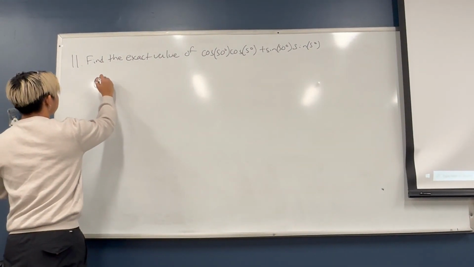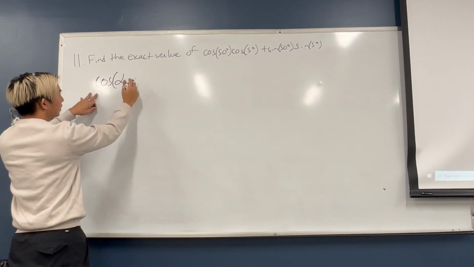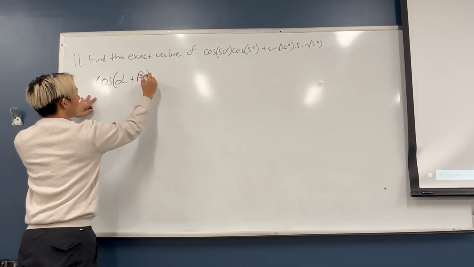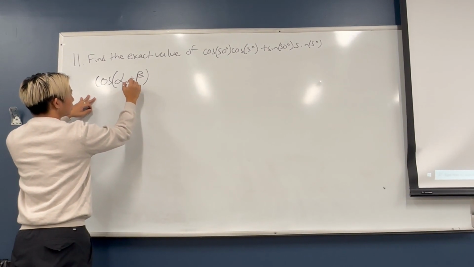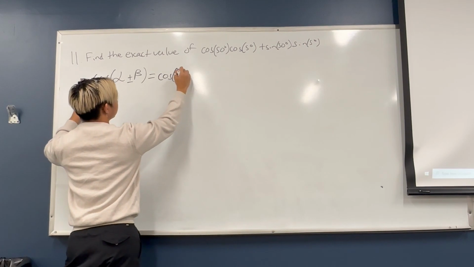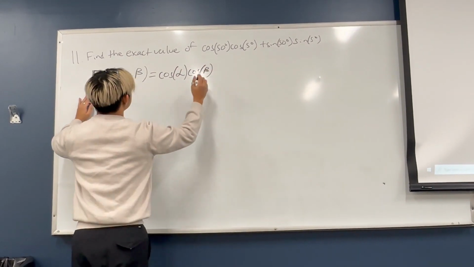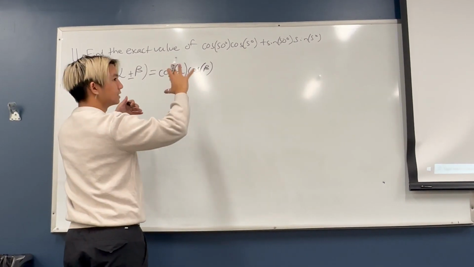So this looks like cosine of alpha plus or minus beta. This would be cosine of alpha, cosine of beta, and then remember cosine is kind of flipped, right?